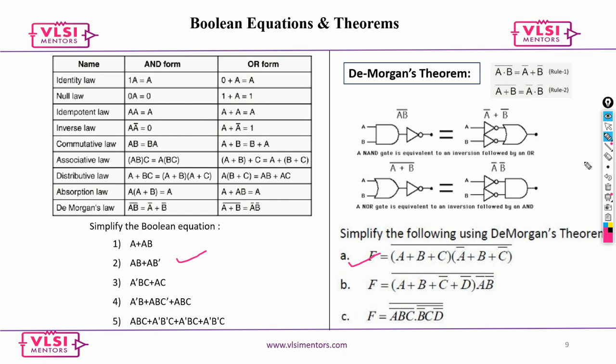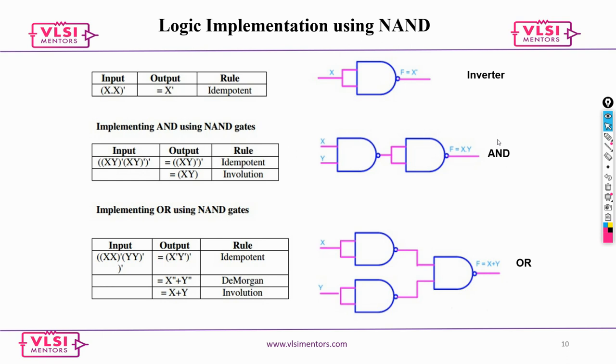We also discussed the logical implementation using NAND and NAND. And we were also talking about something called universal gates. What are the gates that are called universal gates, and where do we use them, and all of that.